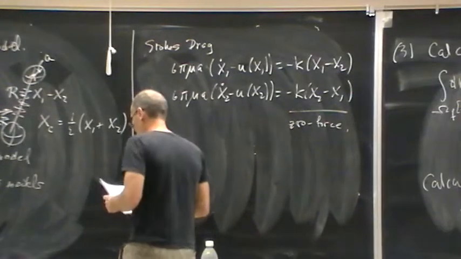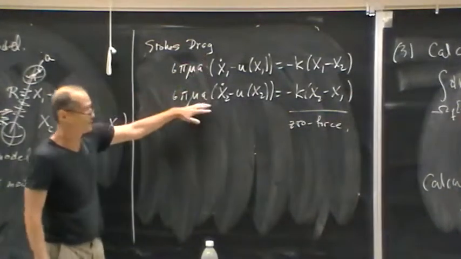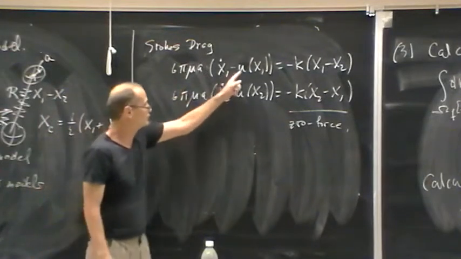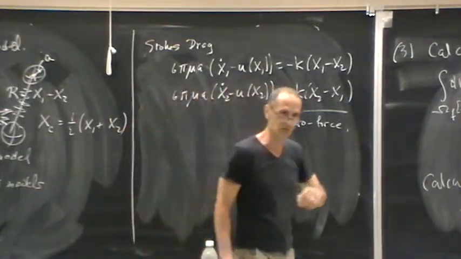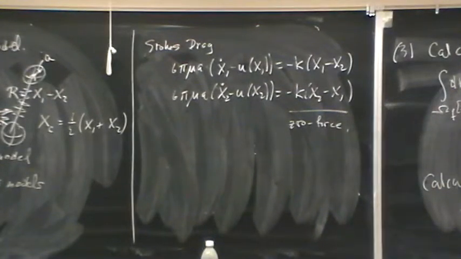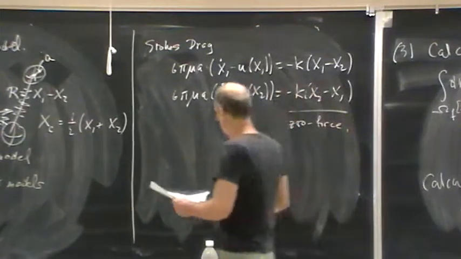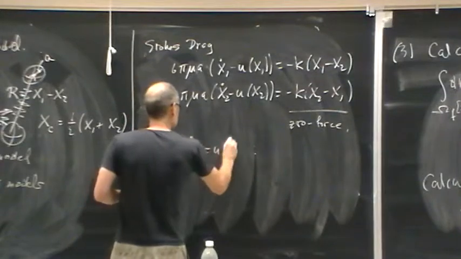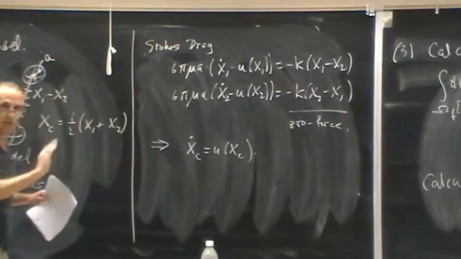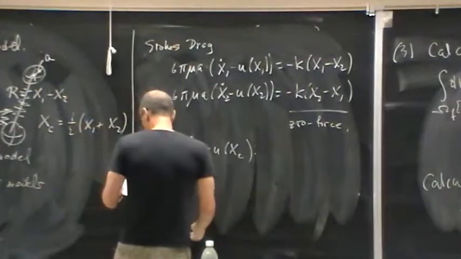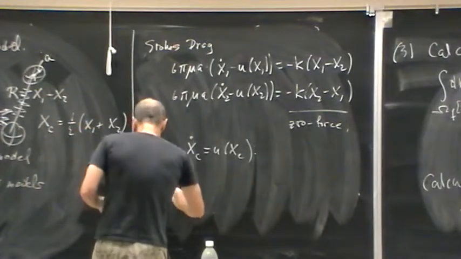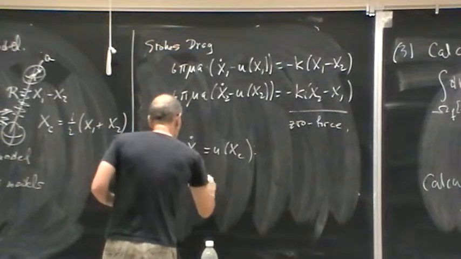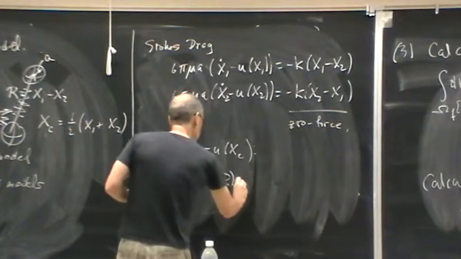Now, if I just take a difference of these two equations, I'll have r dot minus u of x1 minus u of x2. Expand those velocities around the center point, because I'm assuming the gradient is constant over this whole thing. Okay, so I can just expand around there. What this gives me is that my center of mass moves with the velocity field, just kind of being propagated along, and that eta times (r dot minus grad u r) is minus kr.